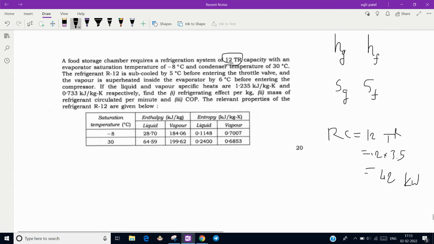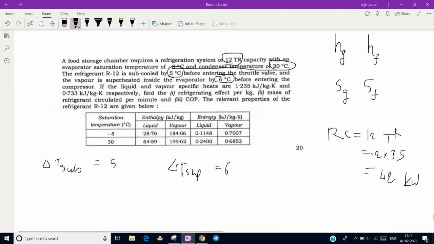It has an evaporator saturation temperature of minus 8 degrees Celsius and condenser temperature of 30 degrees Celsius. The refrigerant is subcooled by 5 degrees before throttling and superheated by 6 degrees. So delta T subcooled is 5 degrees, and delta T superheating is 6 degrees.